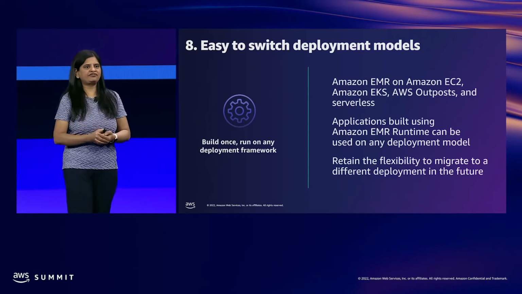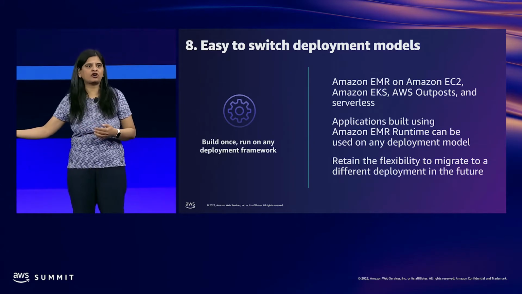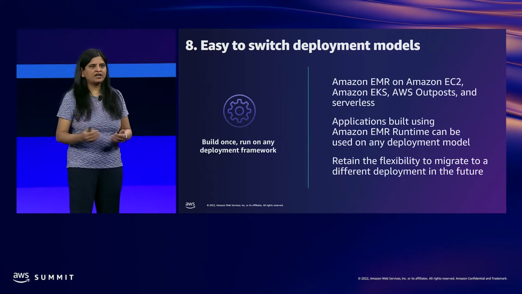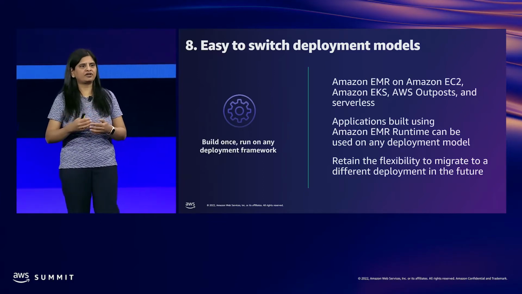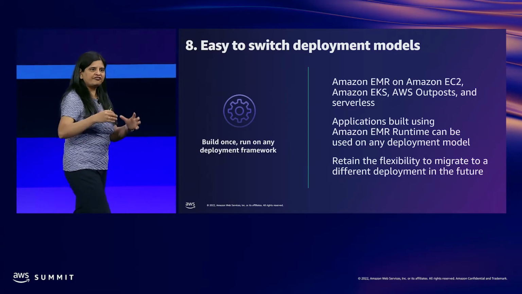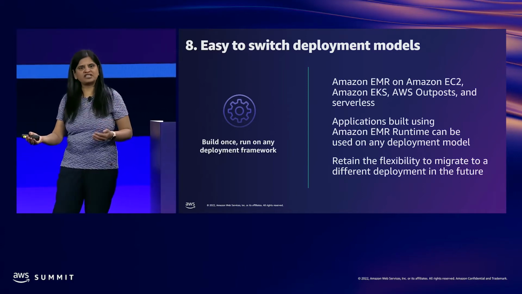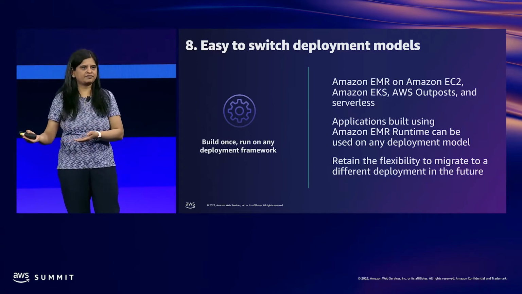You should have the flexibility to move to a different deployment option based on your operational needs in future. So as long as the capabilities of your application fit within the deployment option, you should be able to run the same application without changing code on EMR Serverless.